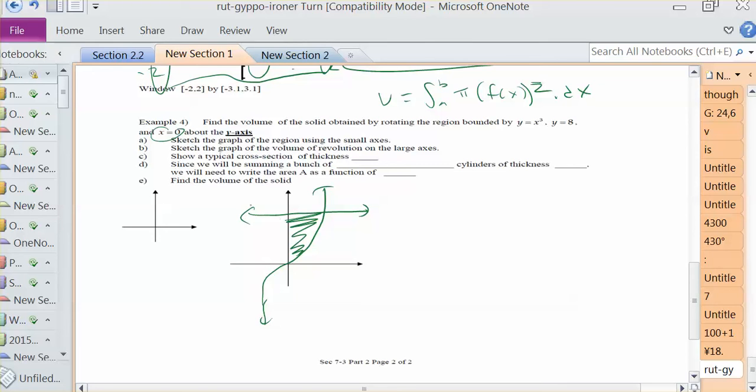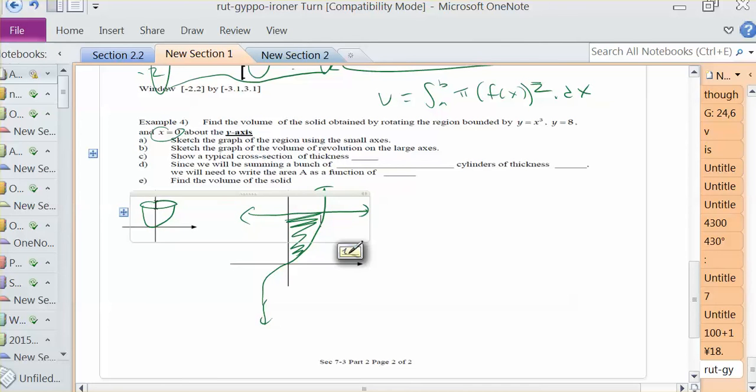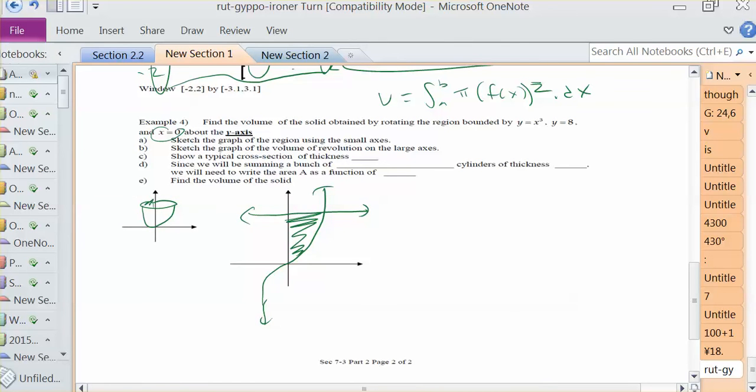So the solid is going to look like that. So we sketch our graphs. Actually, I kind of reversed it. I did the graph of the region on the big axes, the volume of revolution on large axes. But essentially, we're just rotating this region about the y-axis.